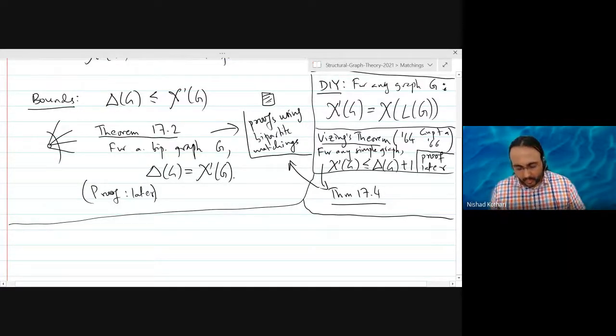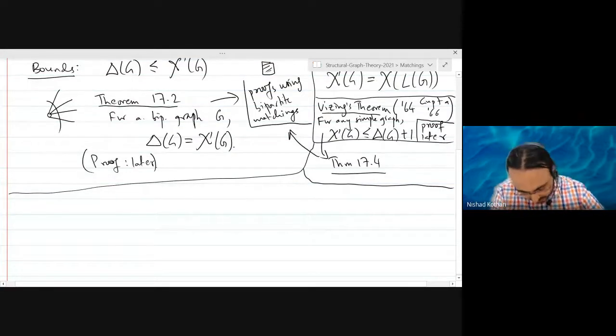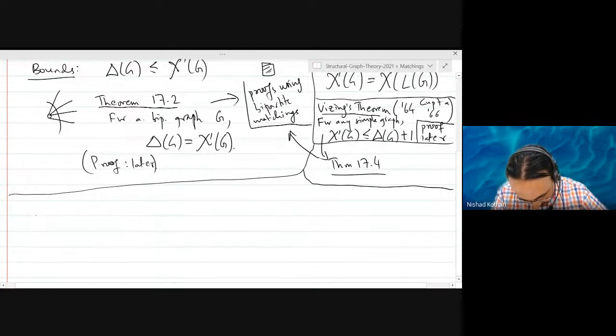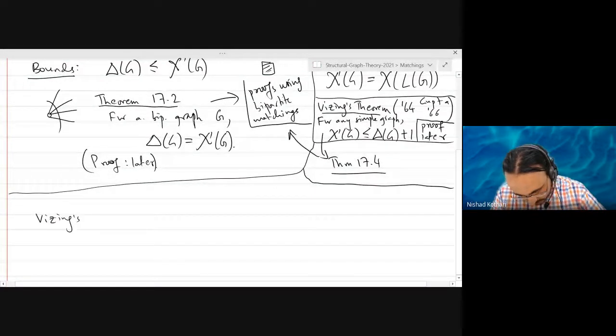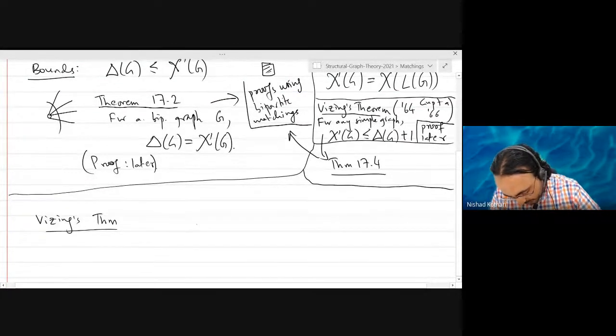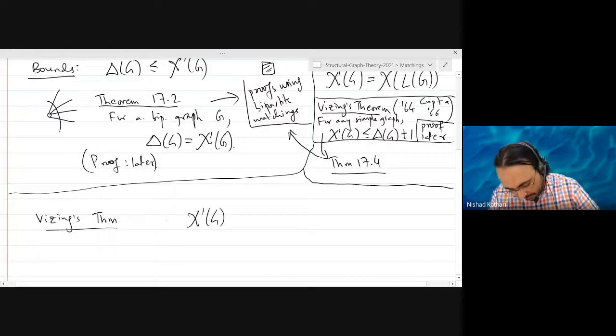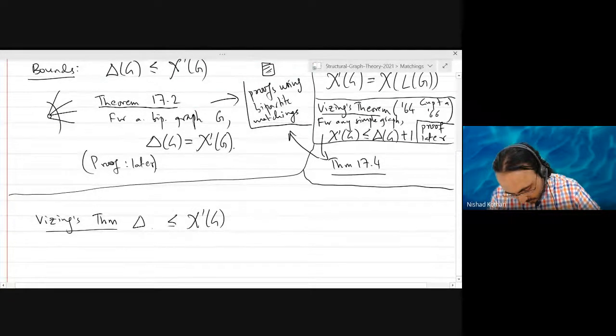Good. What I want to discuss now is Vizing's theorem. Although we haven't proved it, I want to discuss some cool consequences of it. So what do we know? We know that the edge chromatic number of a graph is lower bounded by the maximum degree.